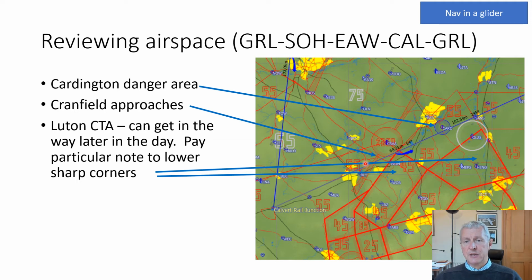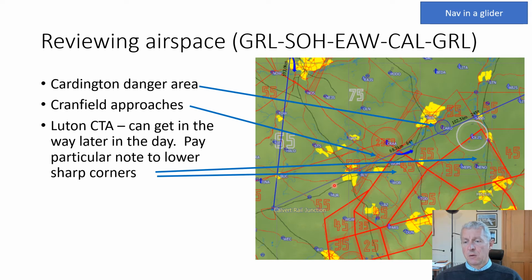But later in the day, as typically we might be by the time we get here, we're going to be a bit high, and quite often we might be at 5,000, climbing to 5,000 feet, 5,500 feet, and we've got to pay particular attention to the London airspace and the Luton control area. And in particular, this bit here, which has a base of 4,500 feet, can get in the way. Or if we're pushed south of track, this one's even worse. This has a base of 3,500.